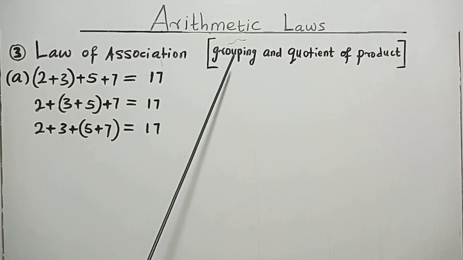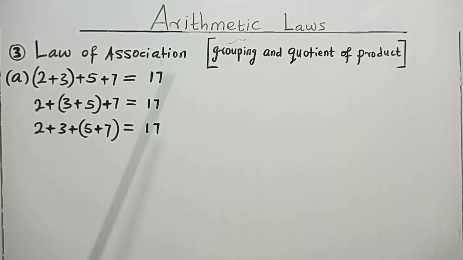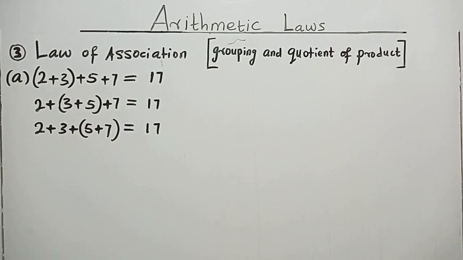So this is about grouping of numbers during addition of numbers and when numbers are multiplied. Before we proceed to quotient of products, it is important that we summarize our observation from here. What is it? Let's find out.